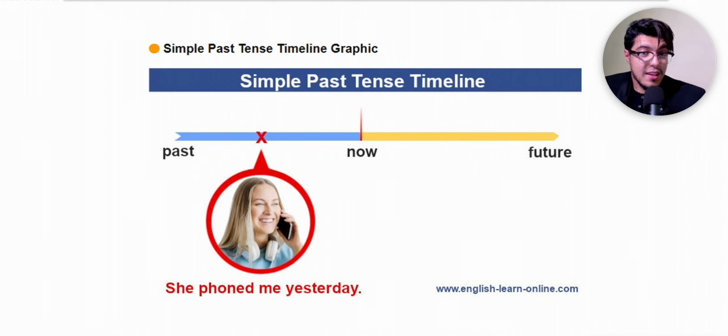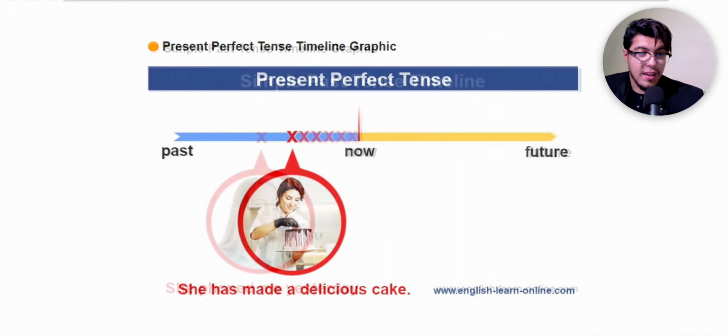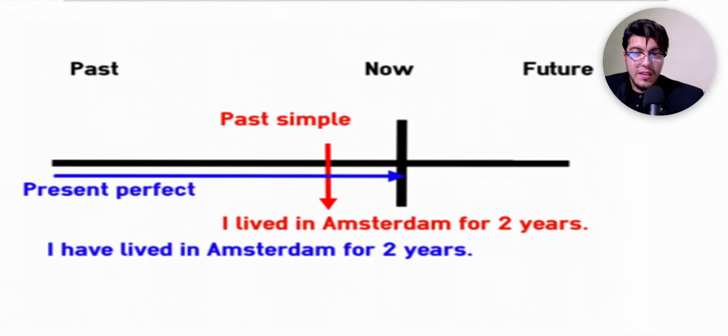But if we say, she has phoned me, it means near to the present. Or she has made a delicious cake. So the present perfect is a little bit continuous compared to the past simple.